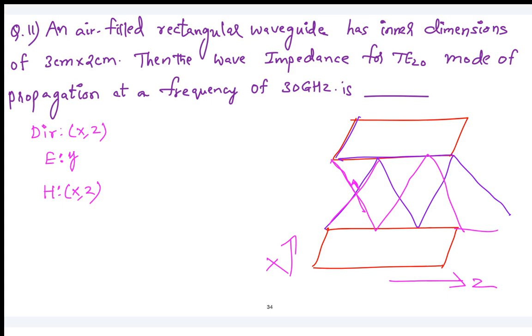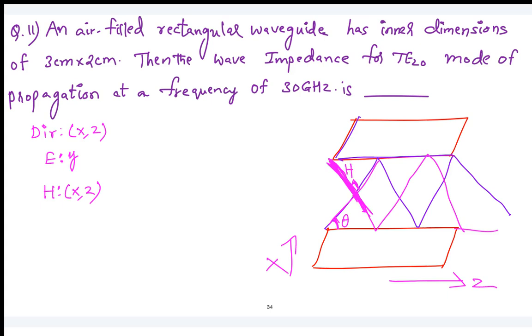In this case, this is very important. You concentrate here. This is your wave angle, this is your theta. Now, what is your Hx component? Whatever I have drawn here is the resultant magnetic field.